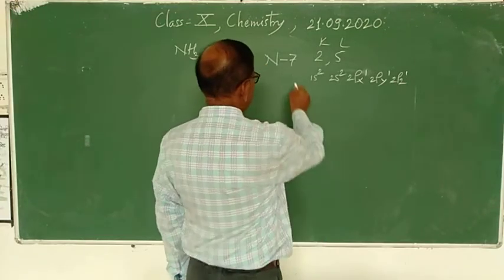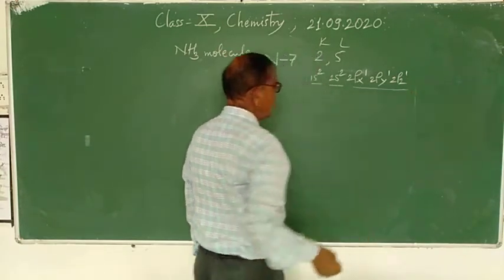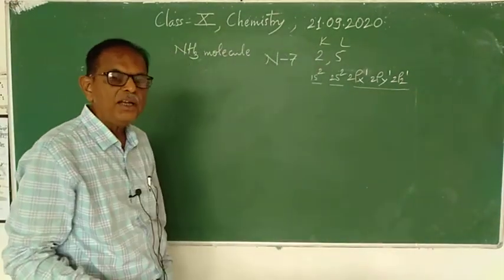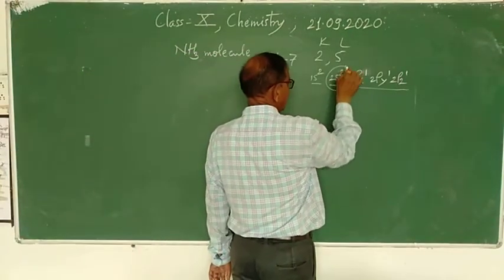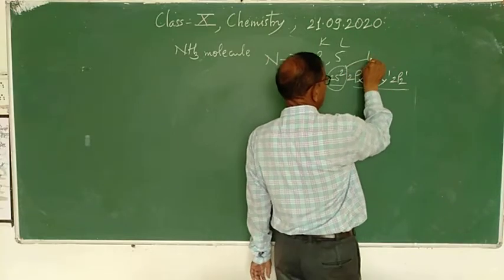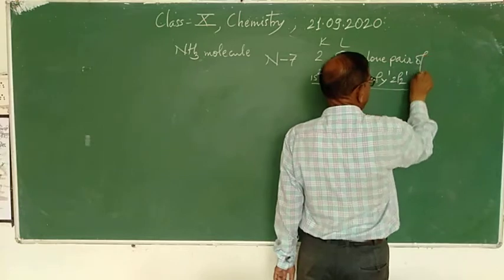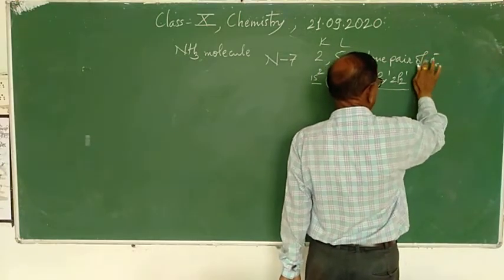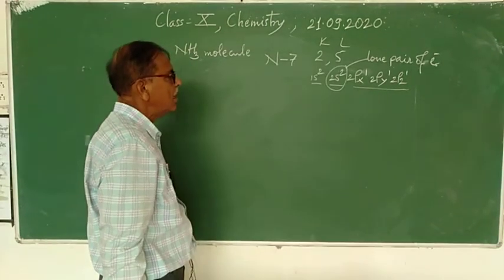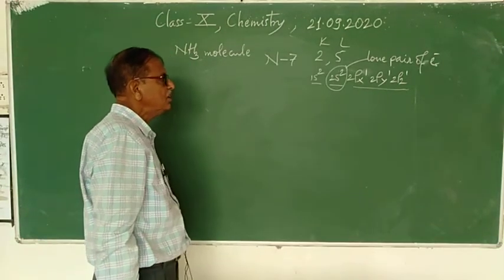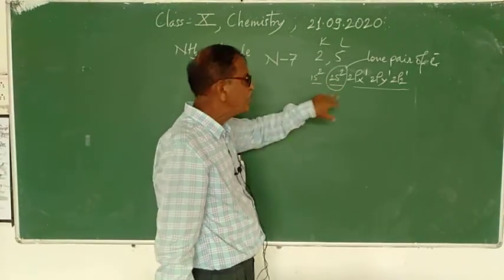Thus nitrogen has 3 unpaired electrons in its outermost shell, and the 2s2 pair is accounted as a lone pair of electrons. It is also called an unshared pair of electrons, because this pair is not taking part in sharing.